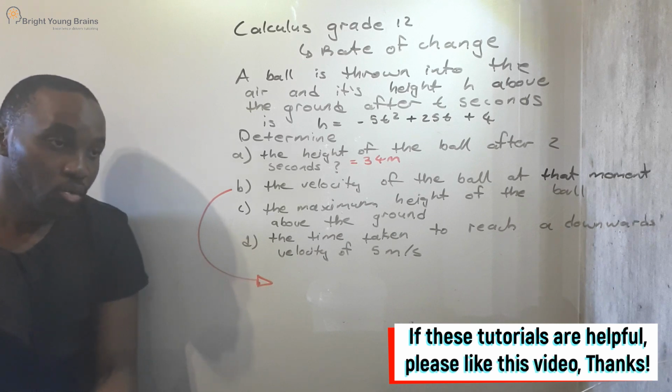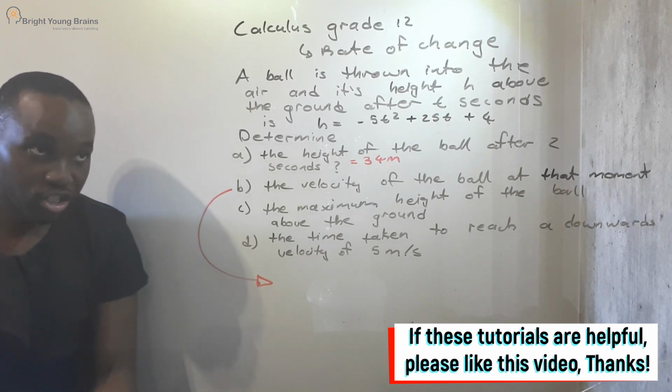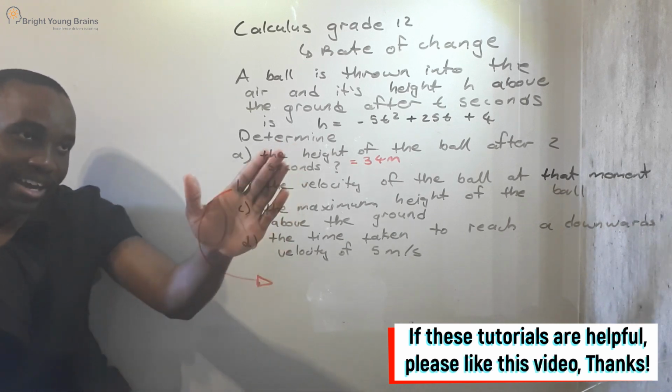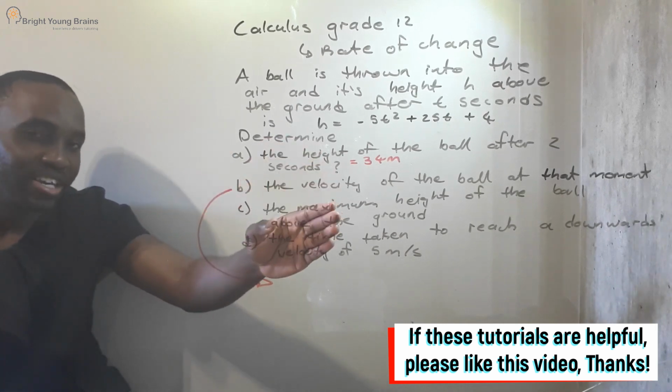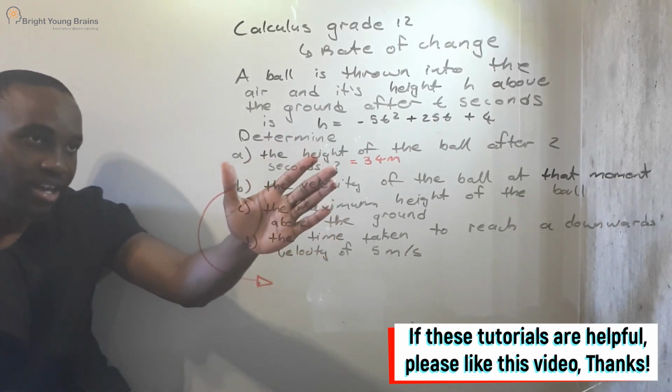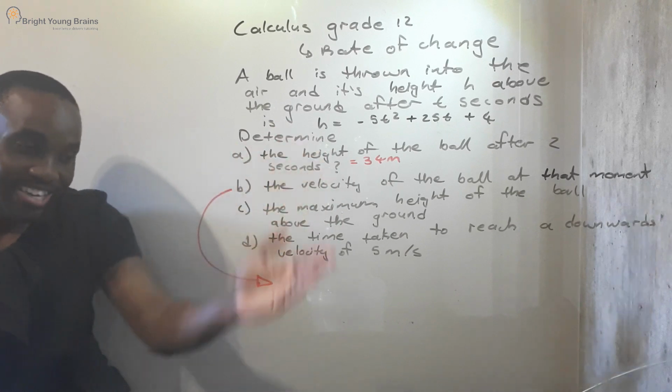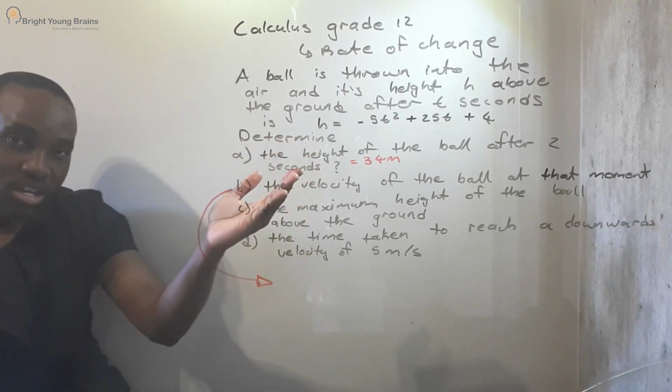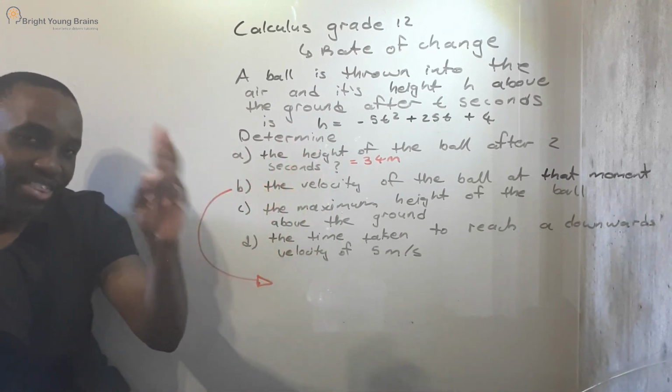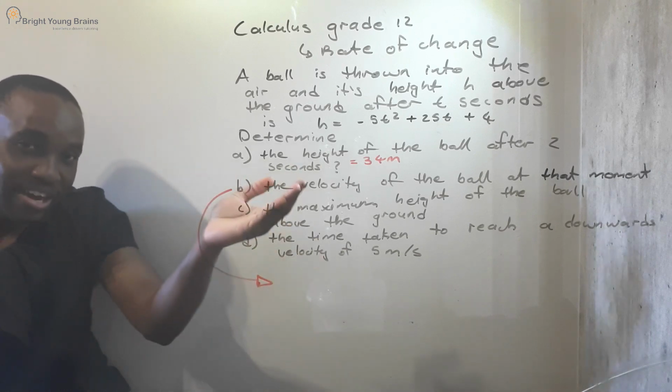So with questions on the rate of change, if you're dealing with, for example, something like height and time, we technically know that the rate at which this ball is gaining height from the ground, we can think of that as literally the rate at which distance is being covered.